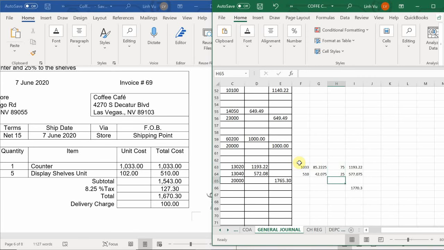Oh, it's 25. My bad. There you go. Okay, so it's actually 577.08. There you go. 1770.30.